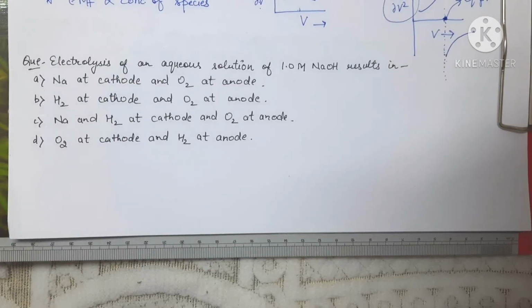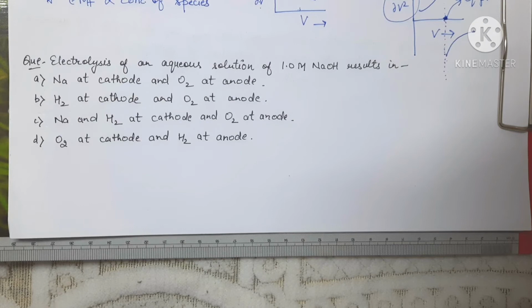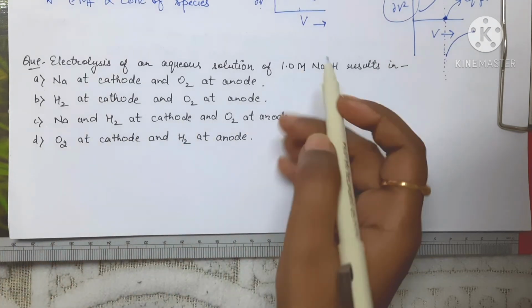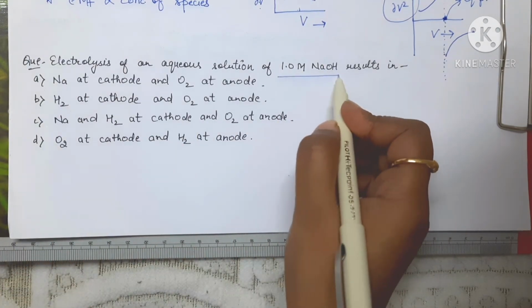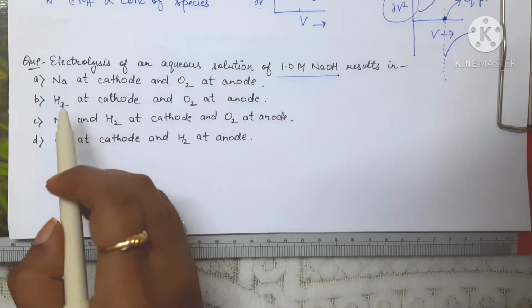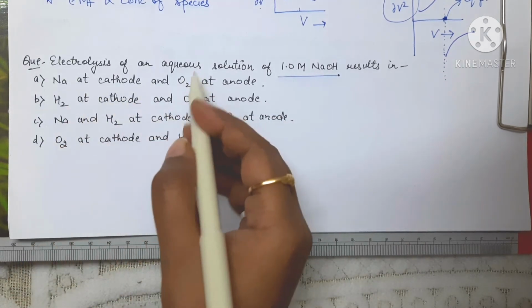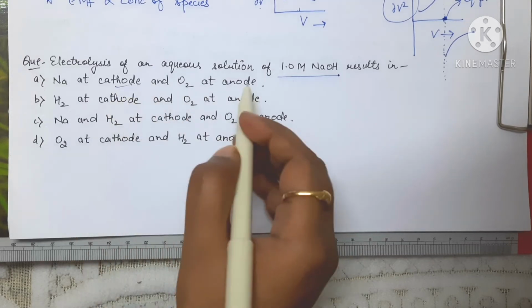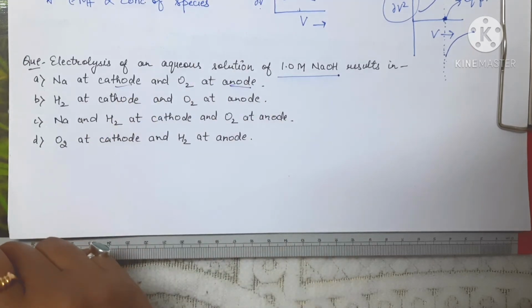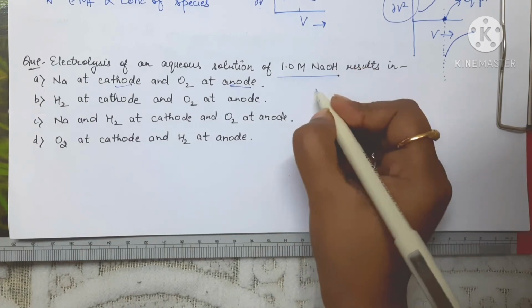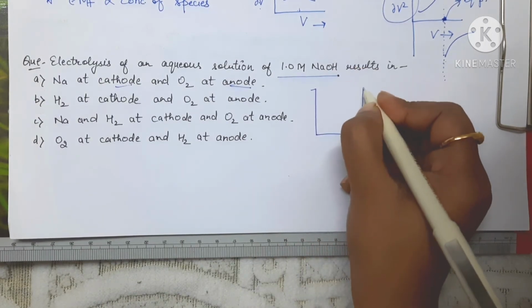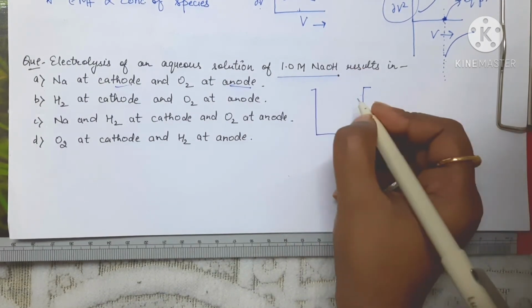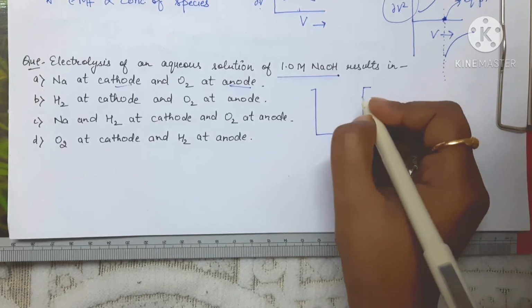Now the second question says that electrolysis of an aqueous solution of 1 molar NaOH results in. So they have given 4 options. So what we are going to get at cathode and anode, that we have to find out, right? So what they have given is that we have an aqueous solution of NaOH, that means NaOH in water.